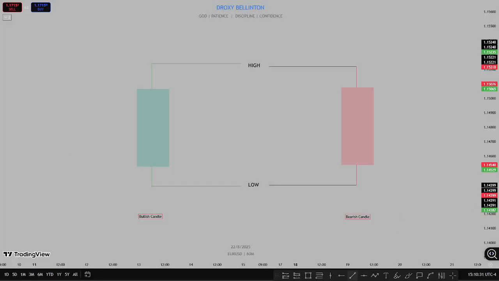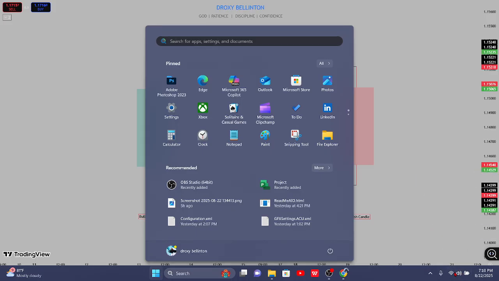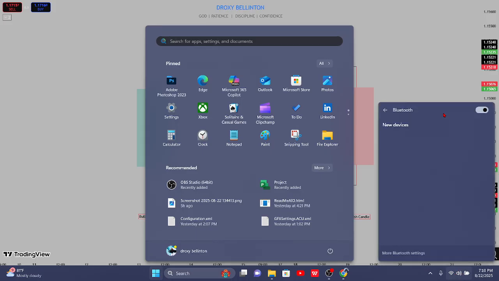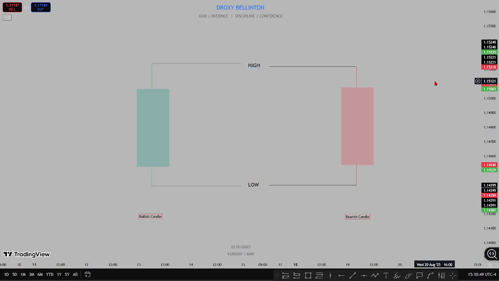Sorry. As I was saying, these are the highs of the candle, and these are the lows of the candle.